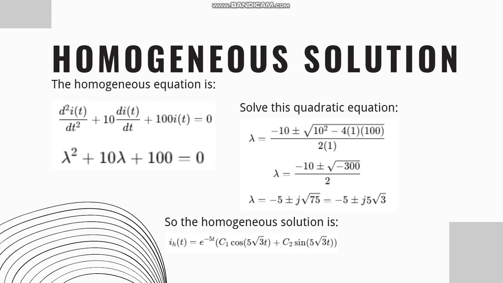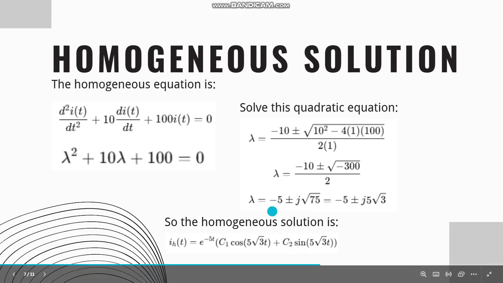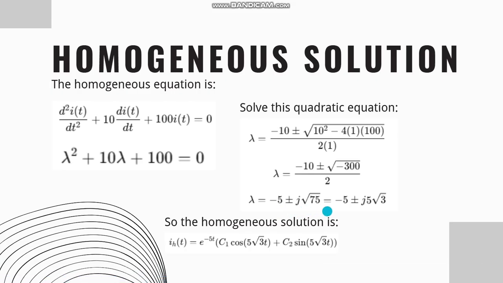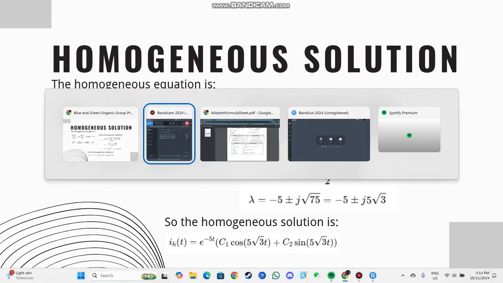Then we solve this using the quadratic equation. After we solve this, we can see that lambda is equal to negative 5 plus and minus i square root 75, which is also negative 5 plus and minus i5 square root 3. So as you can see, it is a distinct root.